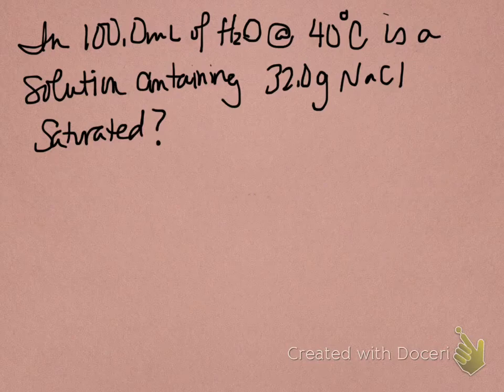I didn't give it to you in grams. What did I give it to you in? Milliliters. So what do you have to know? What relates mass and volume? Density. How much mass per unit volume.